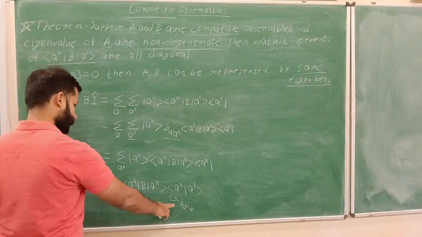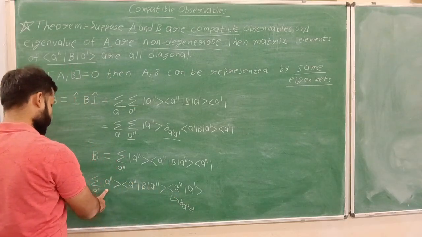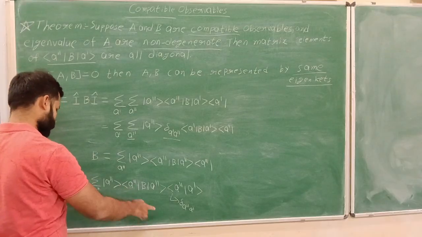So this will be 1. I will be left with this multiplied with this.